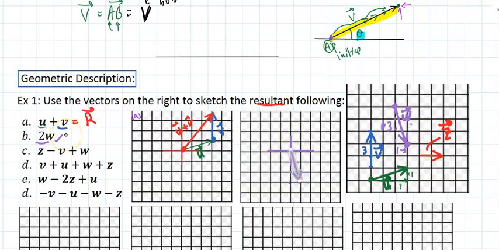Multiplied by 2, you do that again, picking it up from there: 1, 2, 3 down, 1 to the right. It went off board, so I'm going to shift this up. That's why I made it optional. So I shift down again, 1, 2, 3, and 1 to the right. That would be my resultant. I drop off an item right there, I pick it up right there. That is w plus w, or 2w.